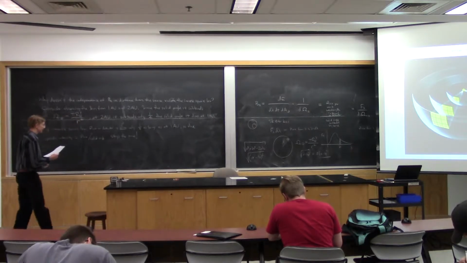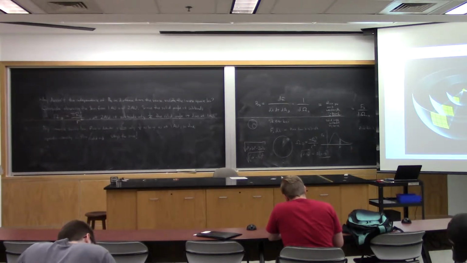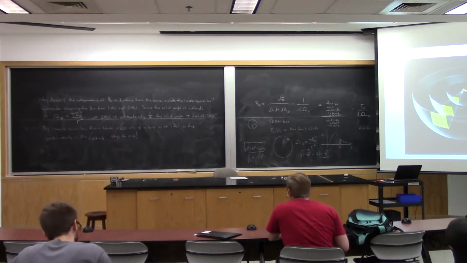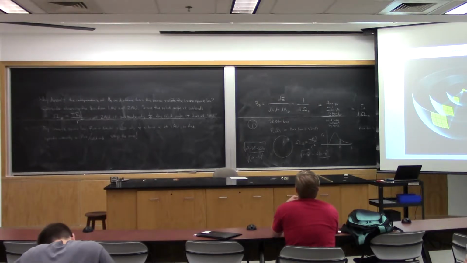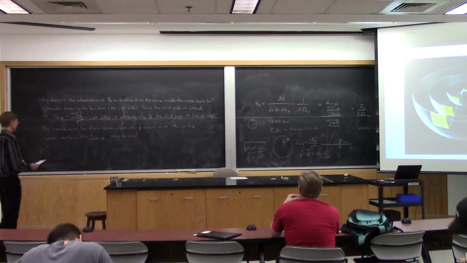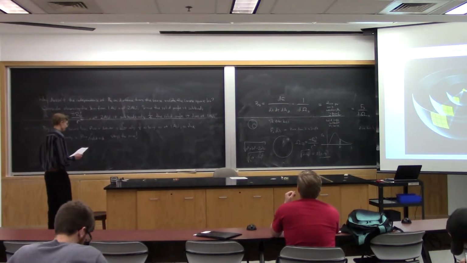Bang, it stays the same, which is the point we were making. Specific intensity stays the same because the solid angle falls at exactly the same rate that the flux does. Specific intensity is the ratio of the two.